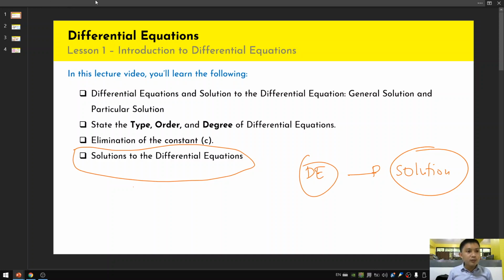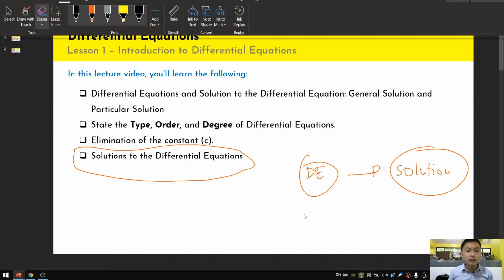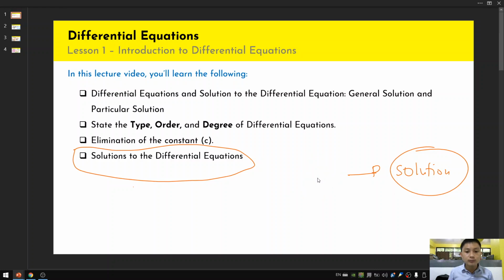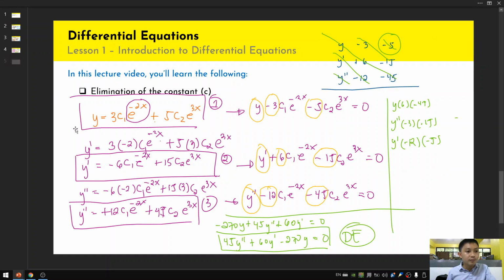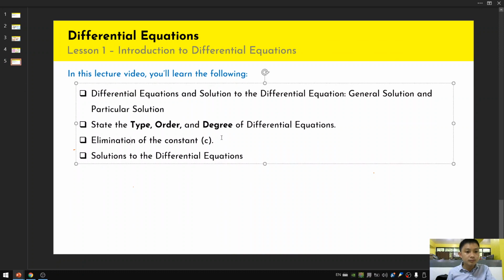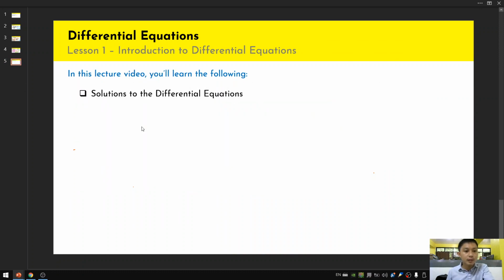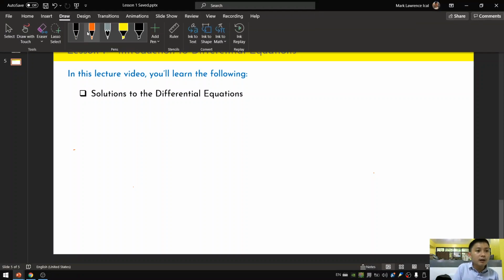Now, I'm going to immediately give you the overview. So for solutions to the differential equations, we have many techniques.